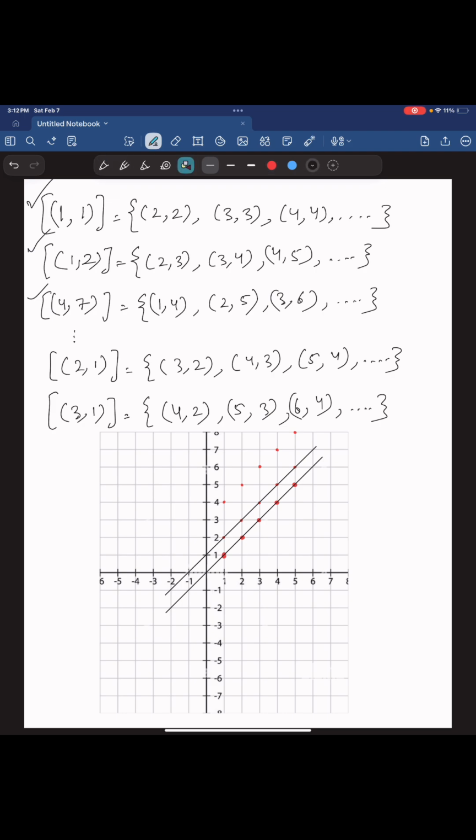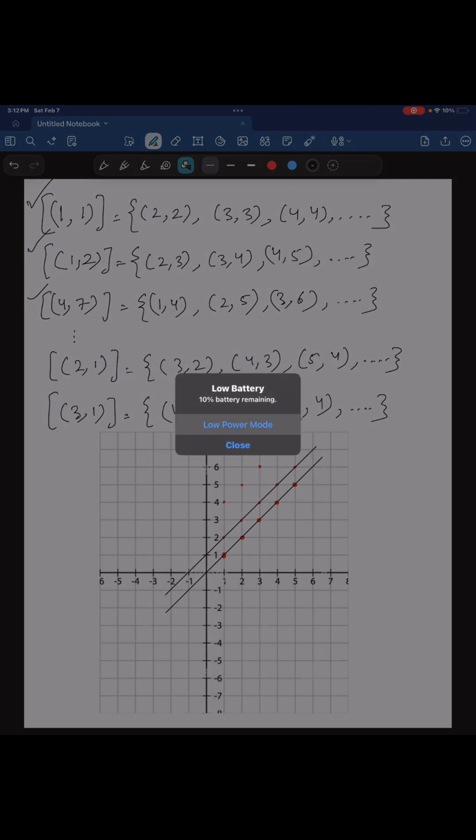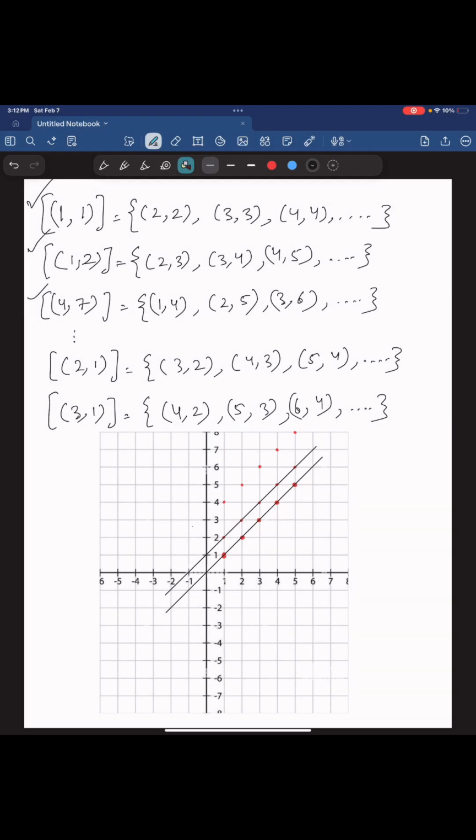Let's do that. So this would look something like this, right? And let's plot 2 more lines and I'll explain. I think you are getting where I'm going, but let's see.